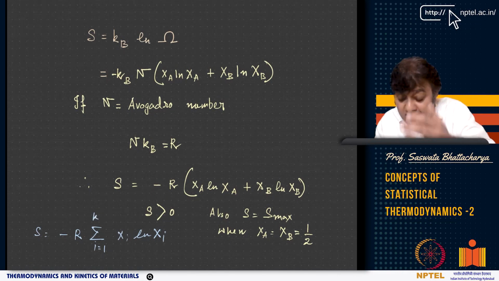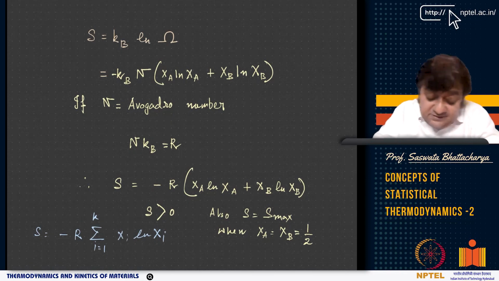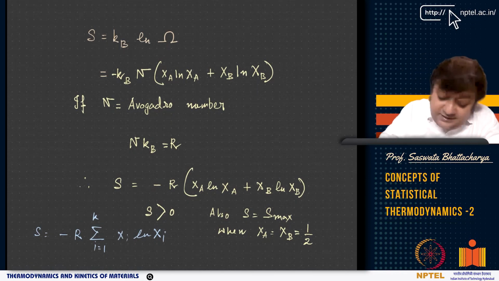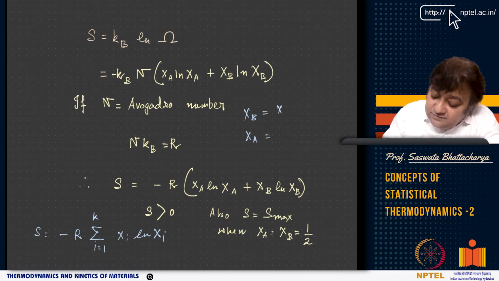Now if I plot this, say for the binary case, you will see the curve. I can take xb equals x, then xa equals 1 minus x.